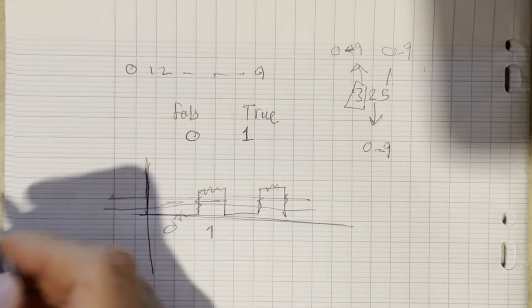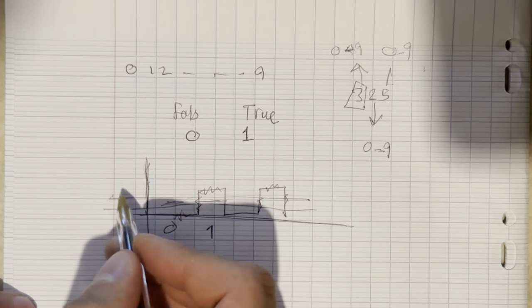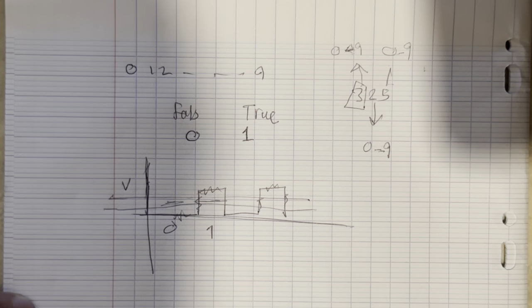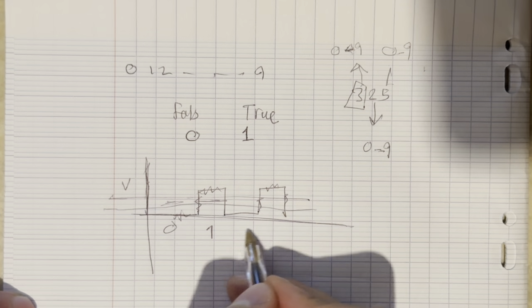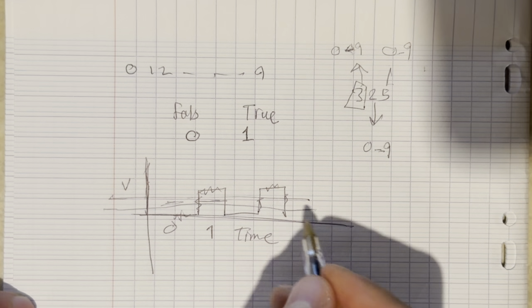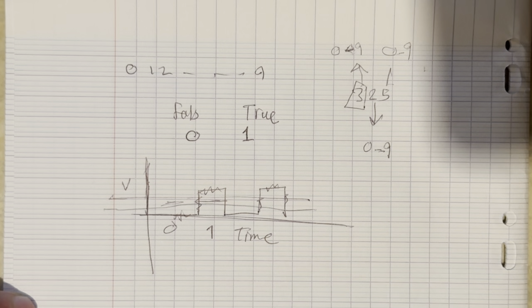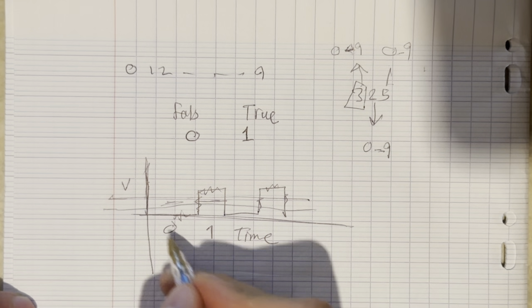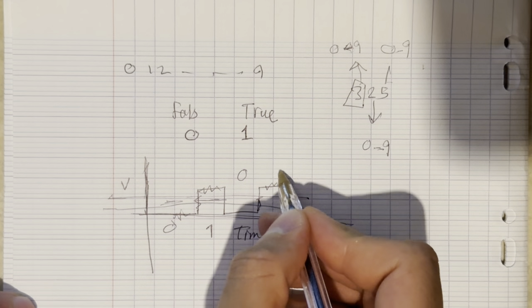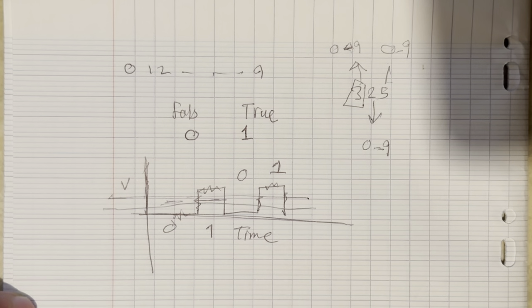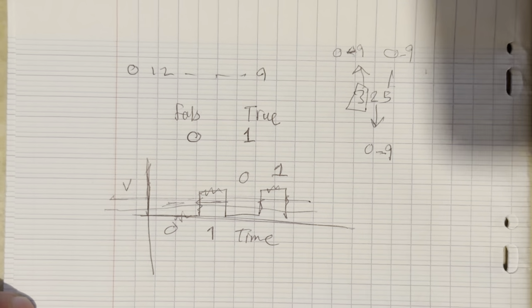This axis is the voltage, and this axis is the time. This way you would know that this is 0, this is 1, this is 0, this is 1. So the machines use that to understand which is 0 and which is 1.